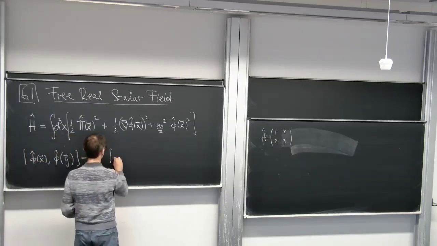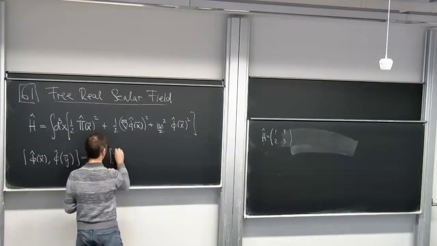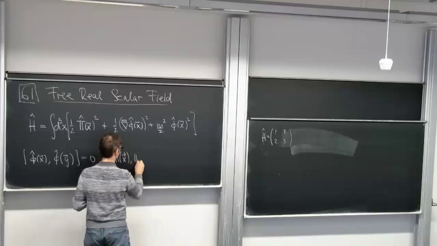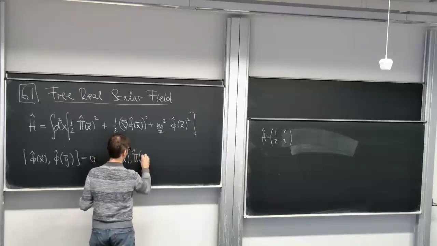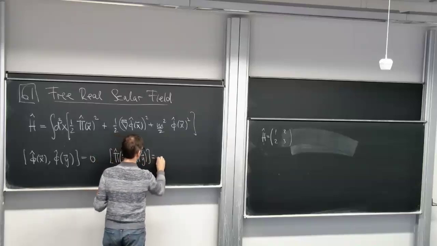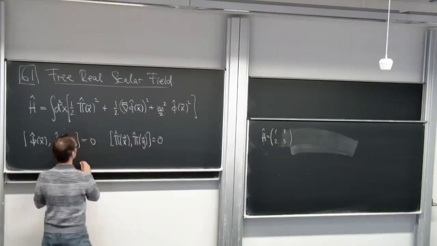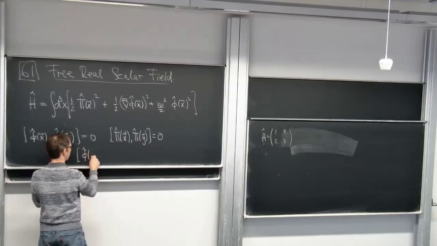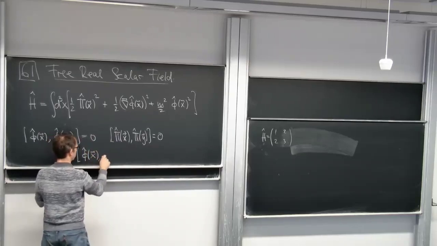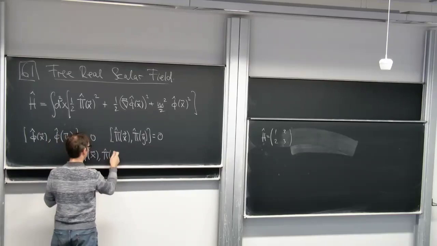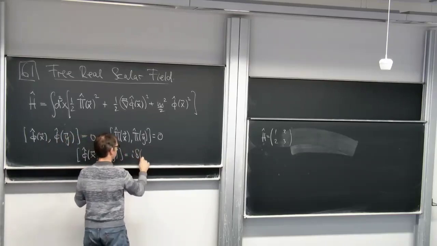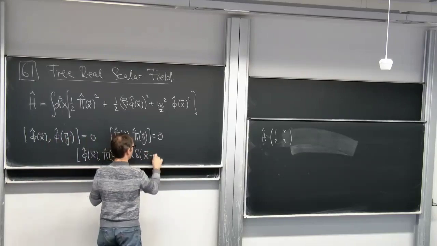And the same for the pi's. But if a pi and a phi meet, let's say phi first, then you almost always get 0, except when they're at the same point.